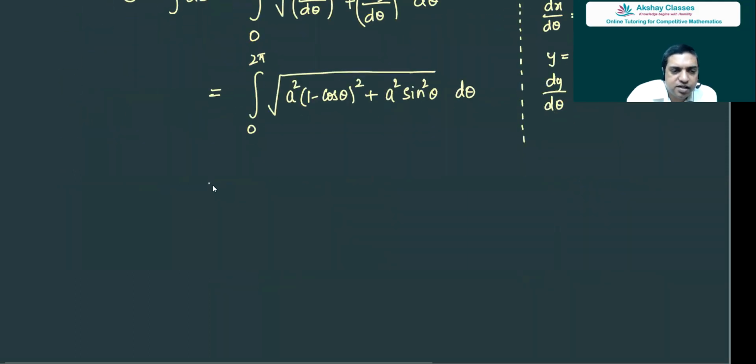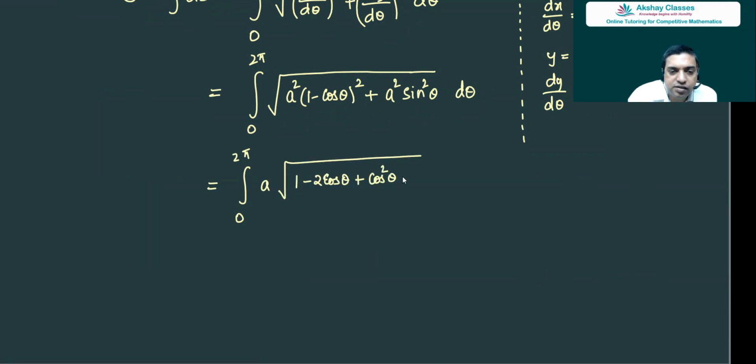So this is equal to the integral from 0 to 2 pi. Take a outside. We have 1 minus 2 cos theta plus cos square theta plus sine square theta, d theta, with a still outside, 0 to 2 pi.